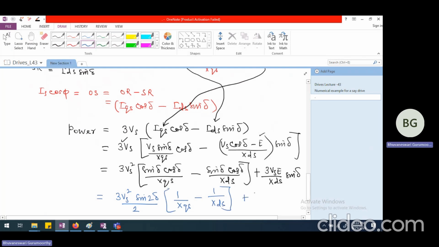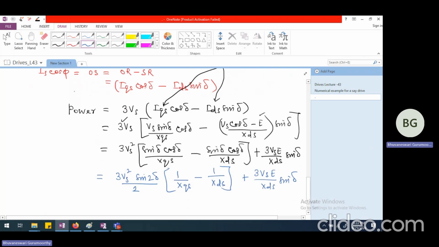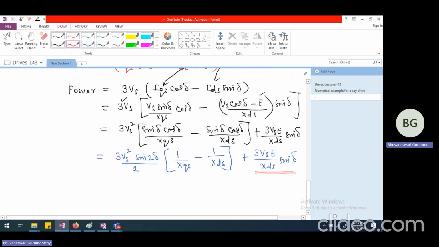And this portion is 3VsE divided by XDS sine delta. So this particular portion is very similar to what we had got in cylindrical rotor machine. So this is due to the interaction between the applied voltage and the excitation voltage. They are synchronizing with each other and we call this as synchronous power.